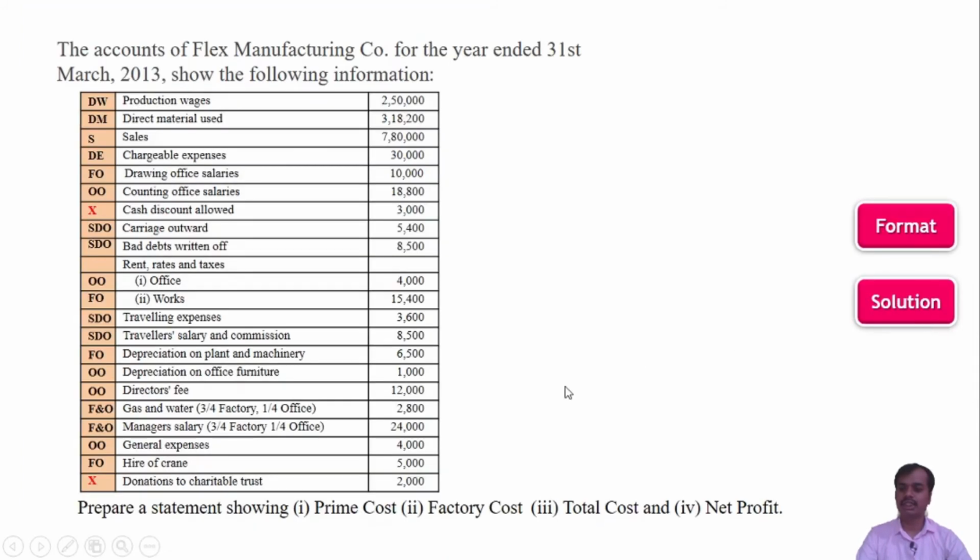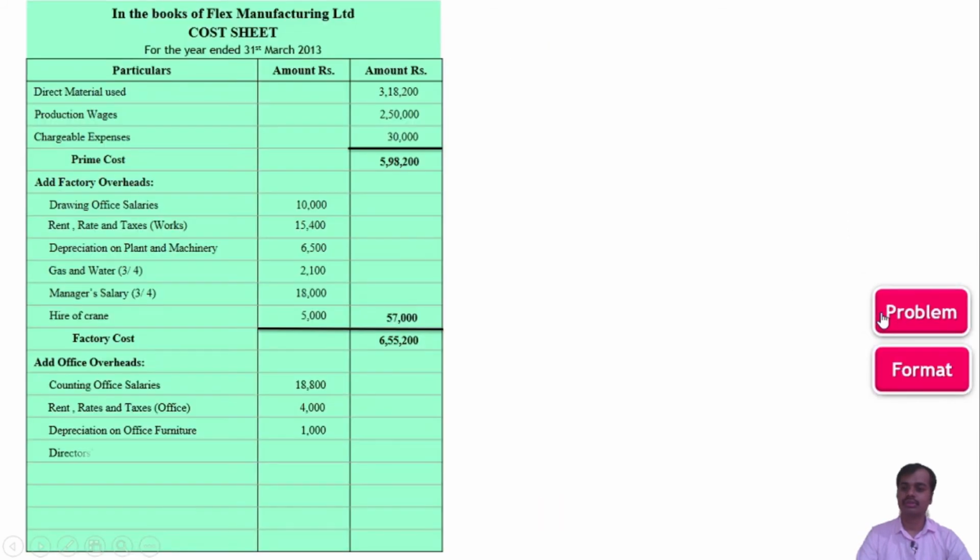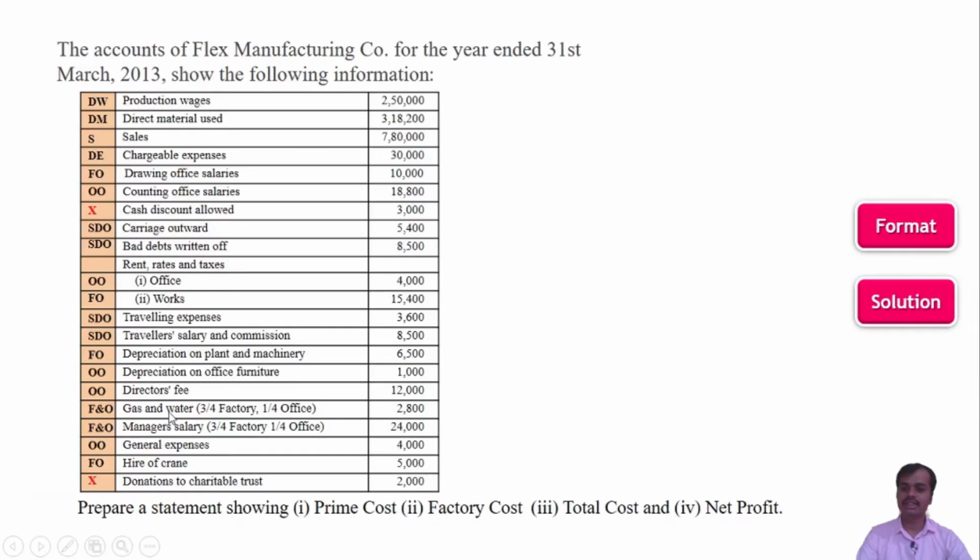Next item is director's fees 12,000. Director's fees 12,000. Then again gas and water for office 1/4. 1/4 of 2,800 is 700.